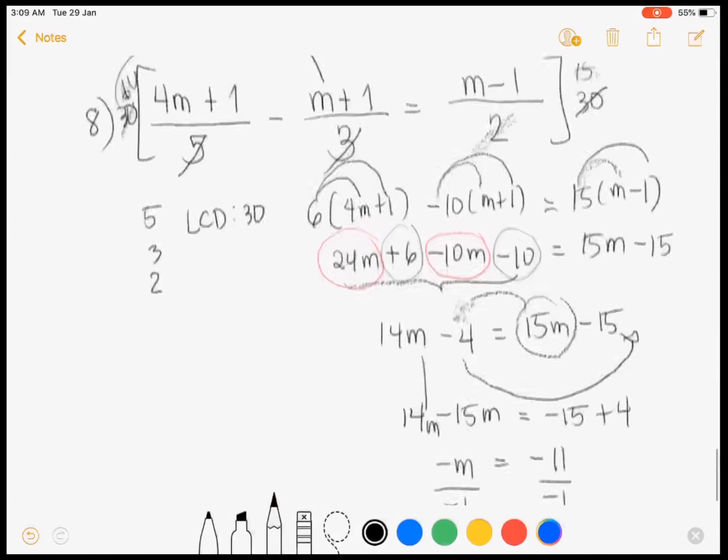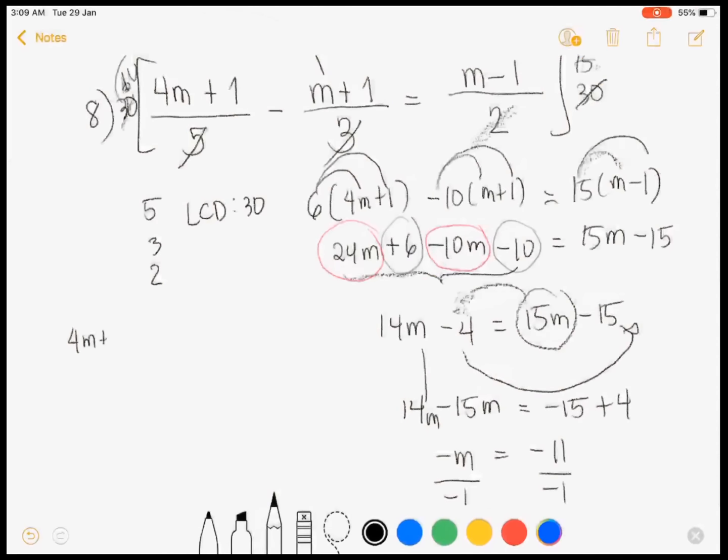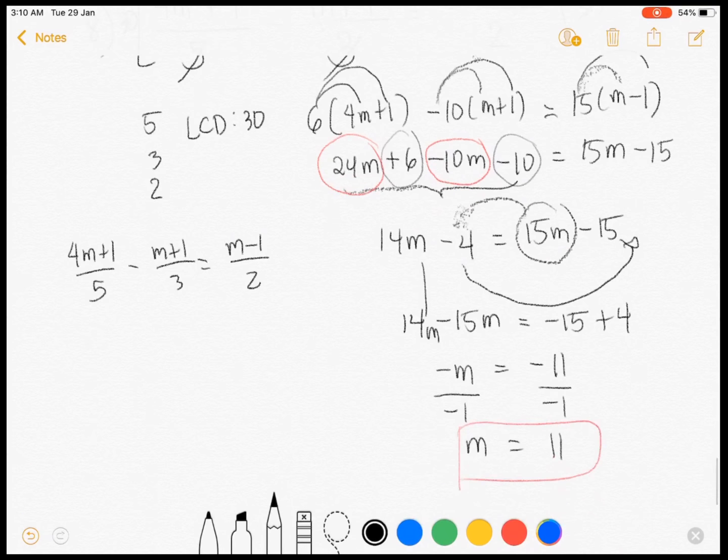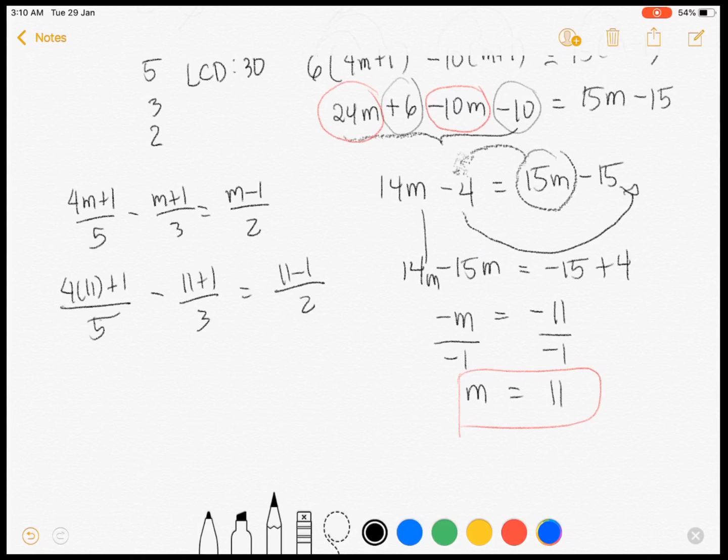Now, let's try to check. So, we have 4m plus 1 over 5 minus m plus 1 over 3 is equal to m minus 1 over 2. Substitute natin yung 11. So, 4 times 11 plus 1 over 5 minus 11 plus 1 over 3 is equal to 11 minus 1 over 2. 4 times 11 plus 1 is 45 over 5 minus 11 plus 1 is 12 over 3 is equal to 11 minus 1 is 10 over 2.